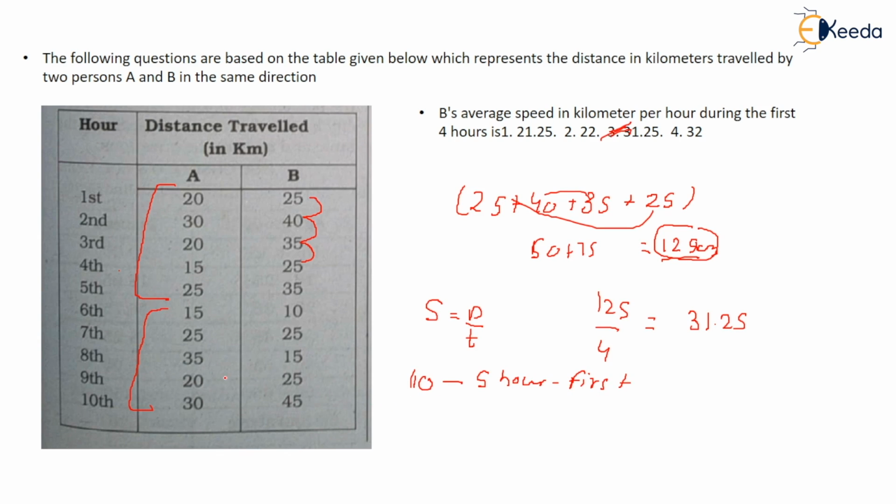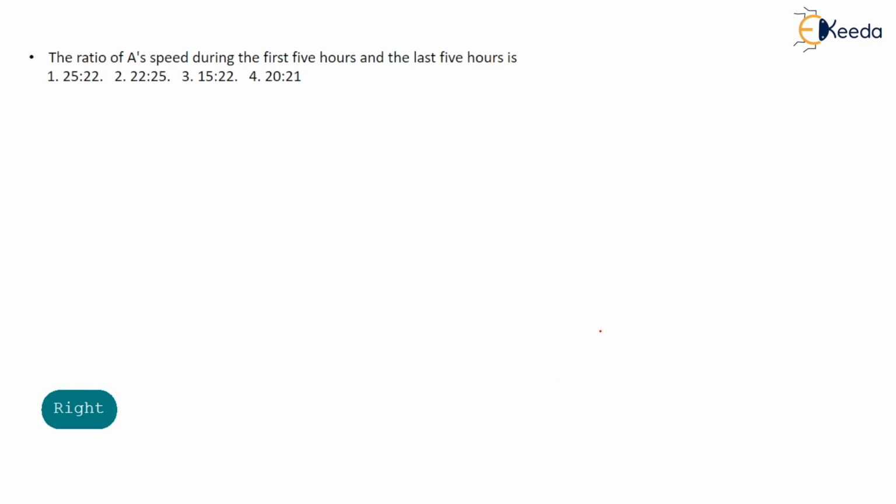And for the last 5 hours, 15 plus 20, 40... 40 plus 20, 60. 60 plus 30, 90. 90 plus 35, that comes out to be 125. So 125 is the distance he covered in the last 5 hours, right? So they ask you the ratio of them. So 110 upon 125 you can do. After doing this it comes out to be 22 by 25. The ratio will be 22 by 25.